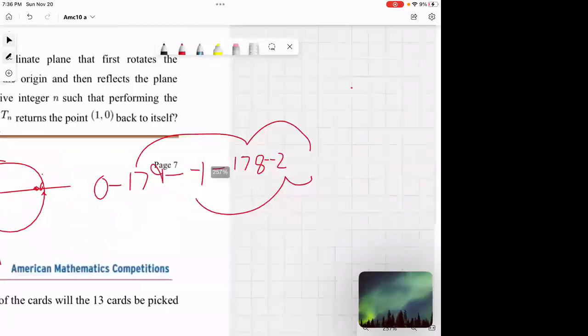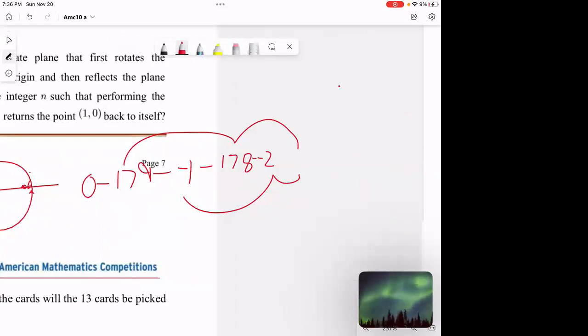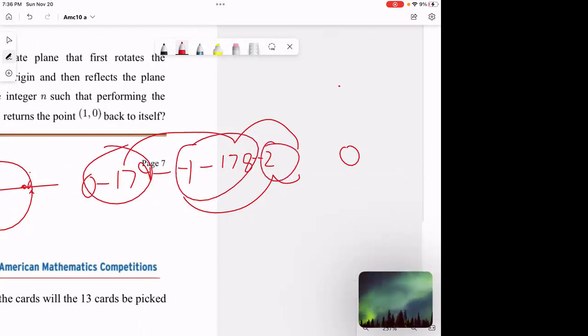So we keep doing this until we get all the way back to 0. And then how do we know how many moves this takes? We can pair each of these off: 0, 179, 1, 178, 2, something, and then all the way to some number and 0. And this is going to be 179 minus 0, so that's 180 times 2 because there's 2 numbers in each pair.